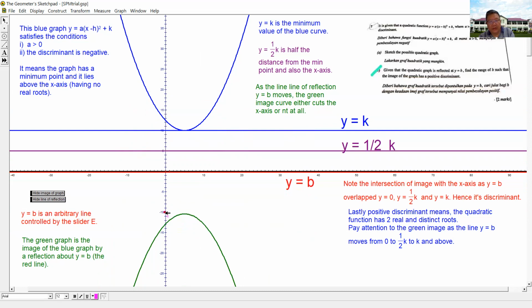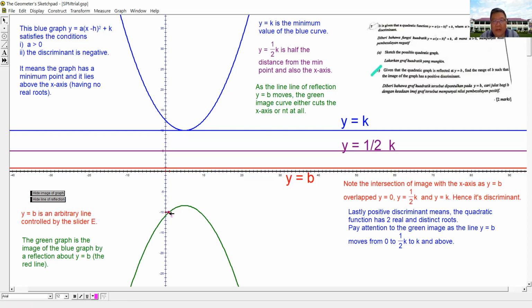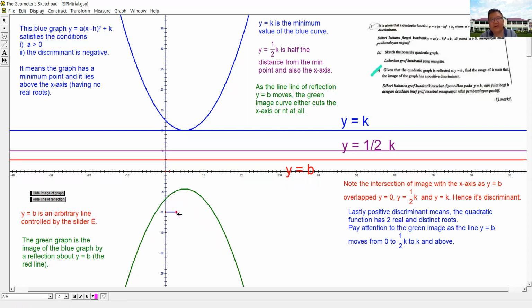When the value of b is 0, this is the line of reflection, the blue curve is the object, and the image is the green curve. As I increase the value of b, the distance between the line and the minimum point decreases, and the distance on the other side is equal to the distance above.